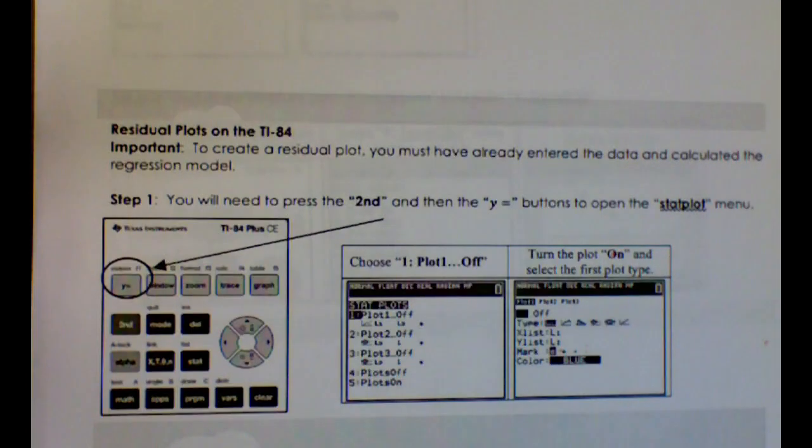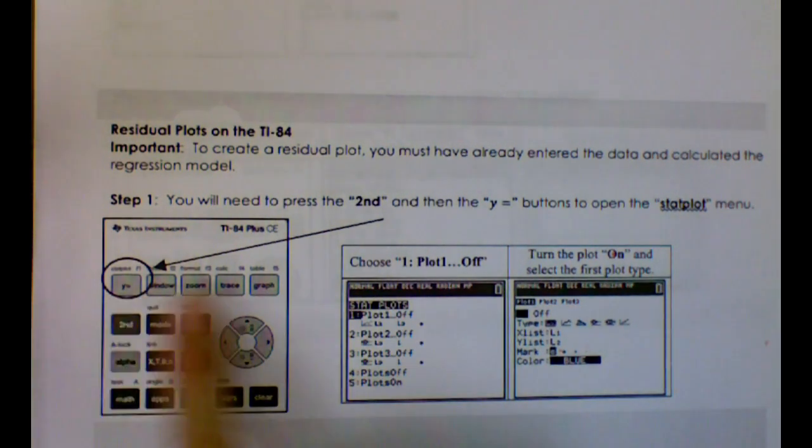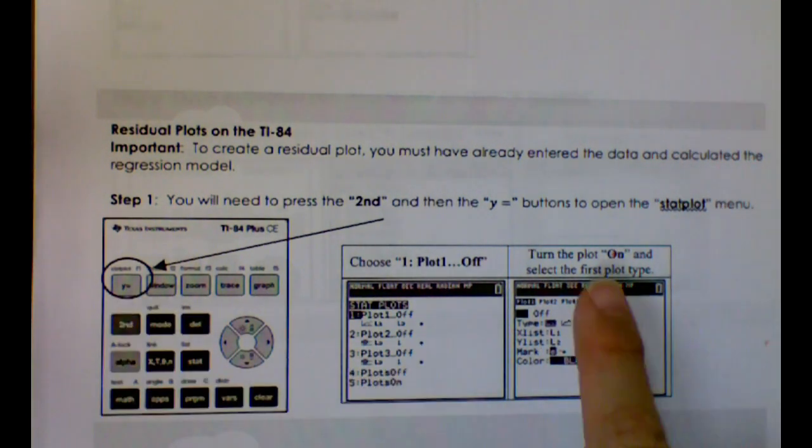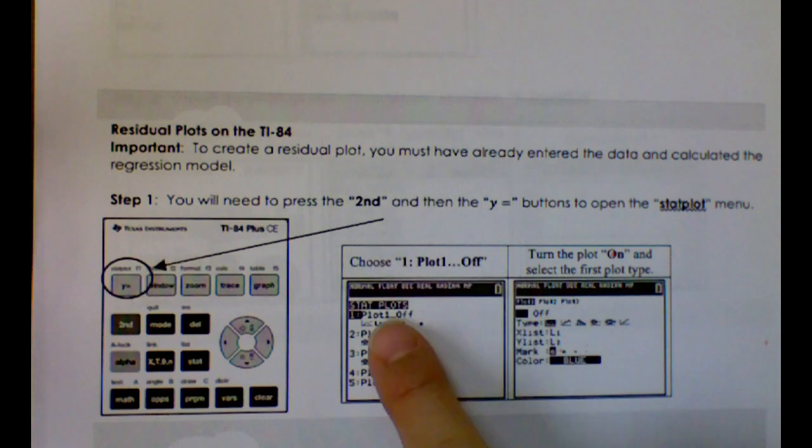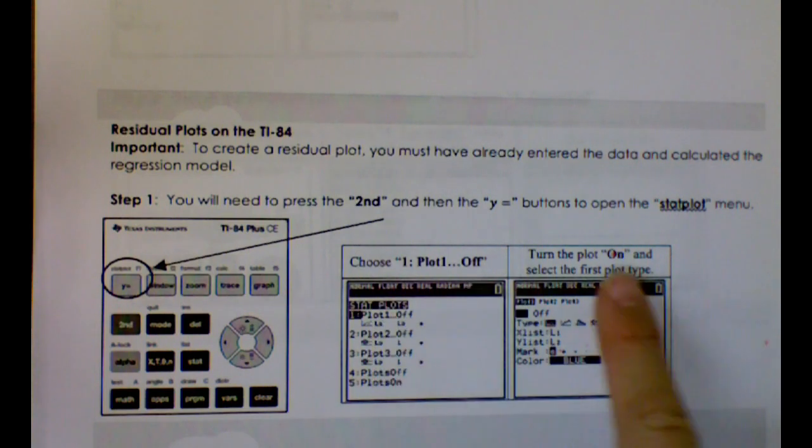You can also make residual plots on the calculator. So to make a residual plot, you must have already entered the data and calculated the regression model. You'll need to press second and then y equals to open up the stat plot menu. You'll turn the plot on and select the plot type.